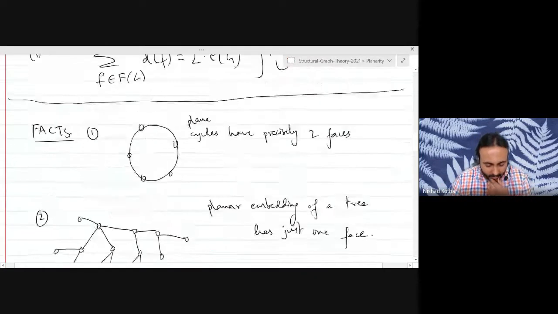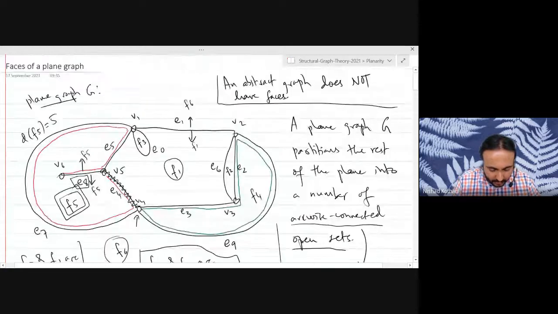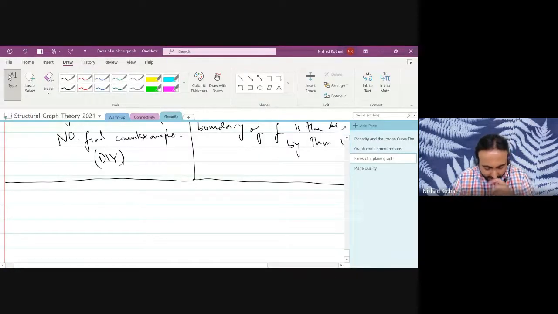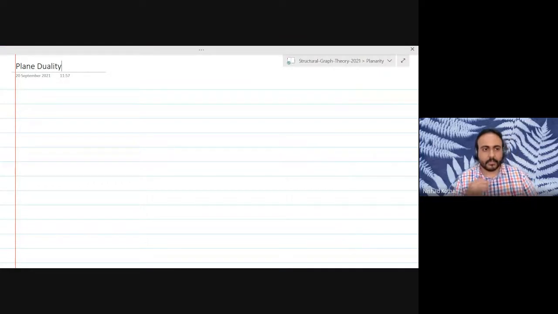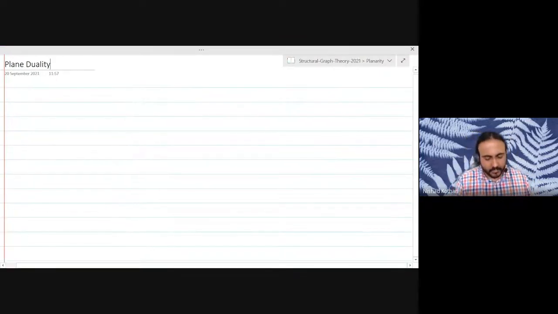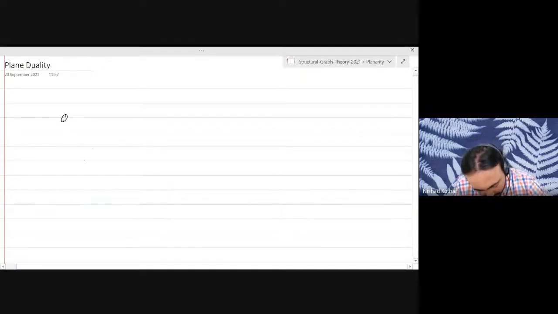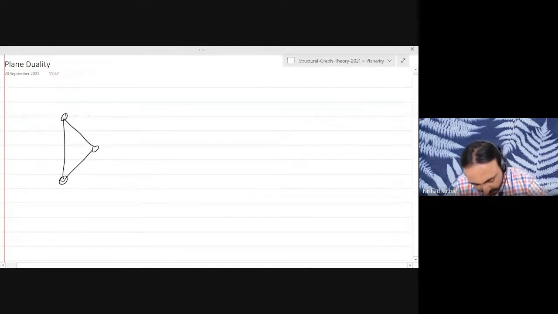Okay, so if not, then I want to move on to another related concept, actually a very beautiful concept related to planarity, called plane duality. All right, so I'll start with an example, very similar to the standard example, but I have removed one edge.